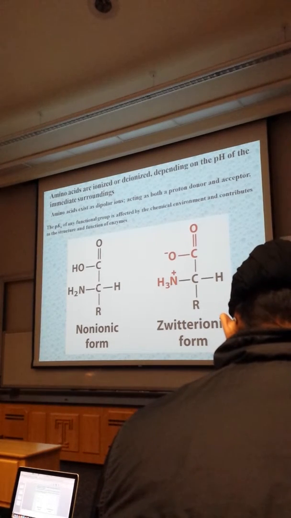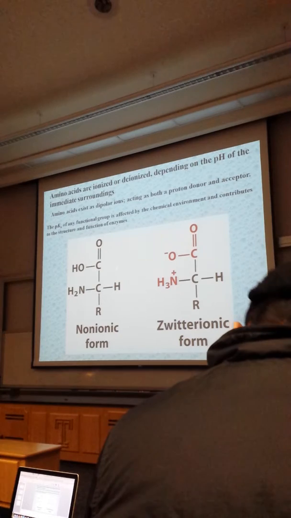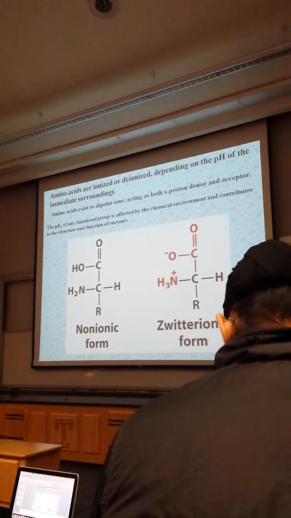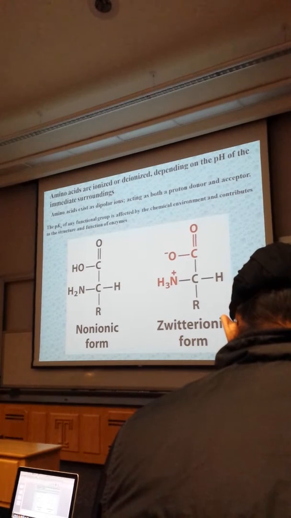And the alpha carbon is also covalently bonded to what we call a carboxyl group, indicated here. And so consequently, carboxyls are also called carboxylic acids, and they can donate hydrogen to the background.